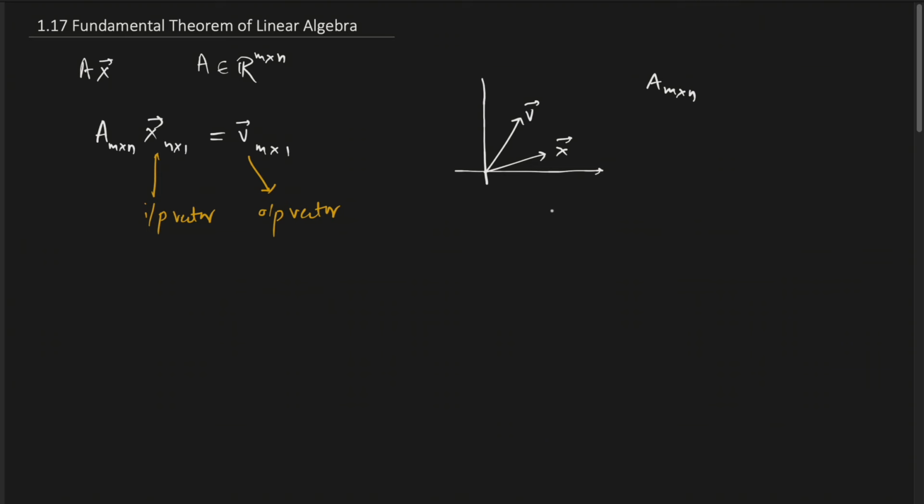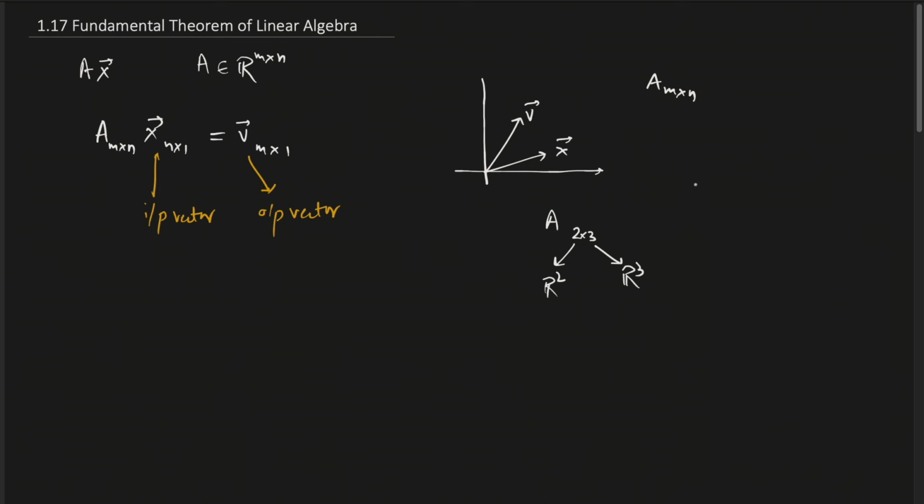What I mean by that, for example, let us suppose take an example of a 2 cross 3 matrix, right? So a 2 cross 3 matrix, the vectors are coming from the R3 volume, and they are getting mapped to the R2 volume, the xy plane, the 2D space.